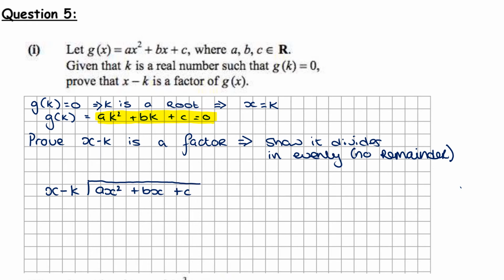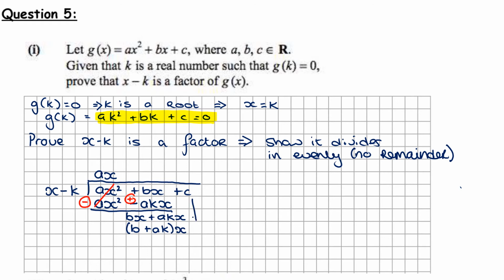The first division goes in ax times. So ax squared minus akx. Then we subtract, cancel, this becomes a plus, and we're left with bx plus akx. Now we take that common x, so we end up with b plus ak times x.